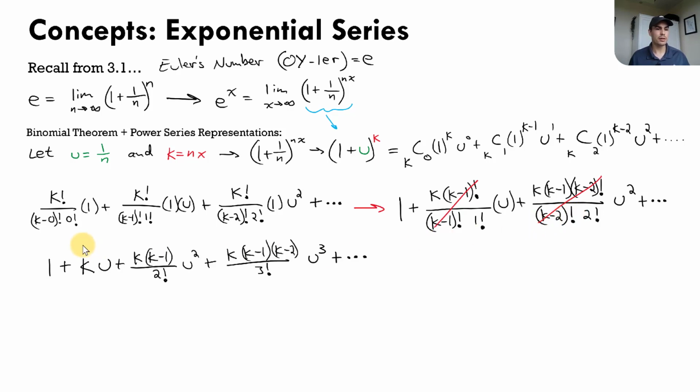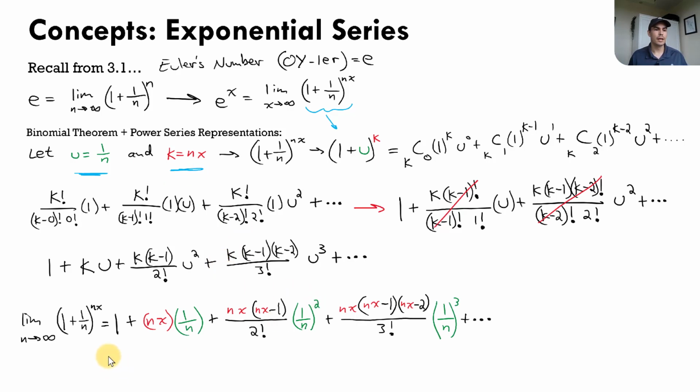So when I do that, we're starting to see we're simplifying here a bit. And now I'm going to go ahead and substitute back in my u and my k terms. So the limit as n approaches infinity is now going to be represented as 1 plus nx times 1 over n. I'm just substituting in u and k again into these terms.